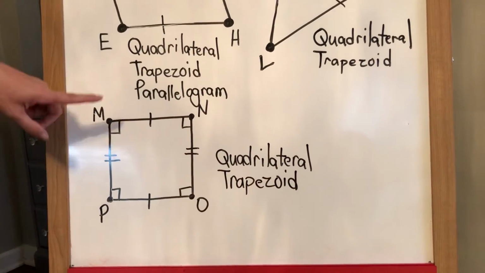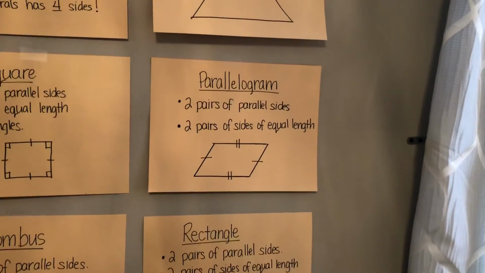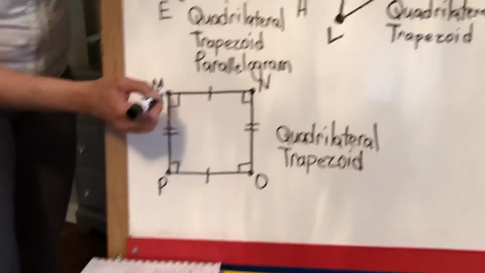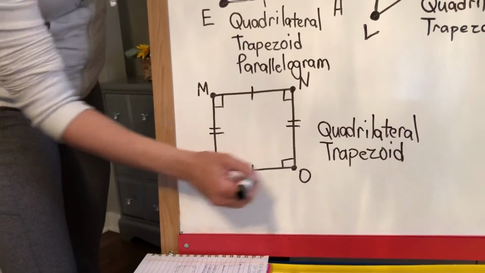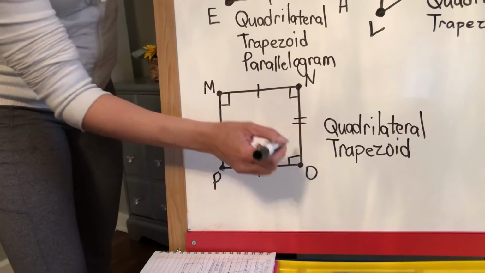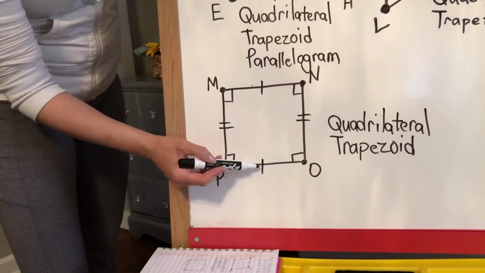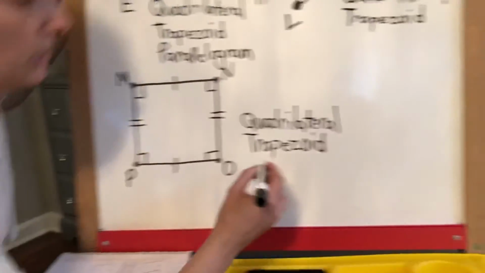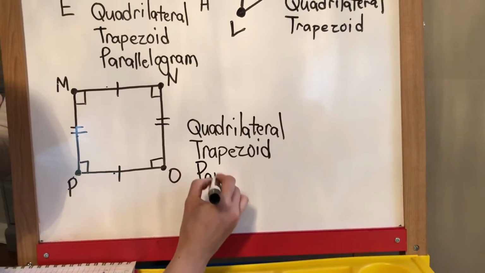Okay. Is it a parallelogram? Does it have 2 pairs of parallel sides and 2 pairs of sides of equal length? Well, let's look. It has 2 parallel lines, this one and then this one, and equal length. Well, this one is the same as this length. This one is the same as this length. So this shape does qualify as a parallelogram.